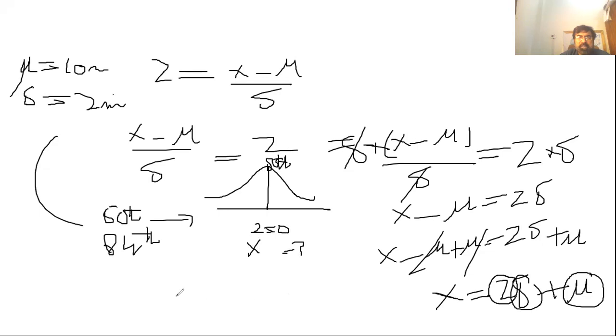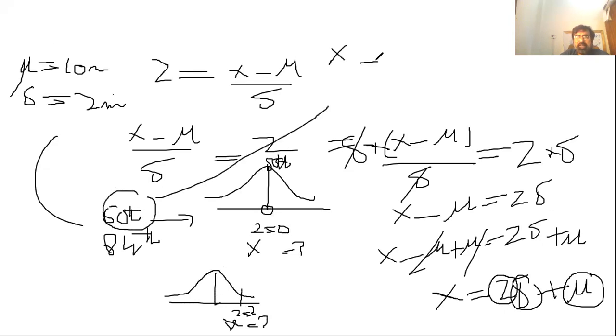And for the 84th percentile, what will be the z-score and then x. So first we have to calculate the z-score. It is understood that on this midline, the z-score is equal to 0. So putting in the formula for the 50th percentile, x is equal to z sigma plus mu. So z is equal to 0, sigma is equal to 2, plus the mean, which is 10, and that becomes 10 minutes.